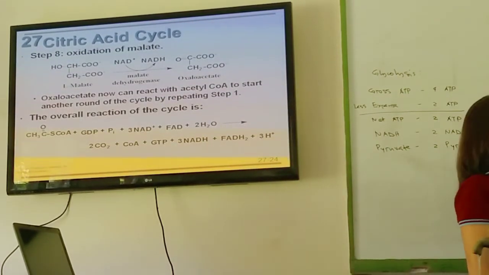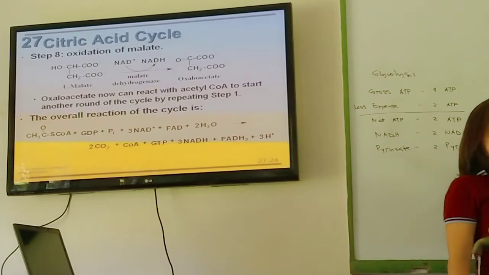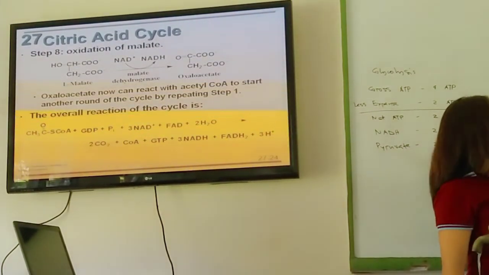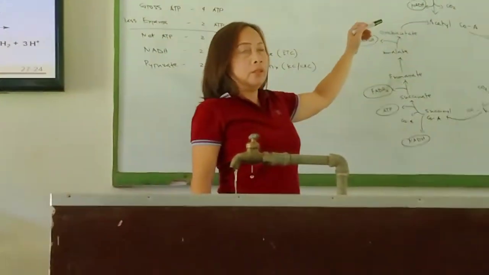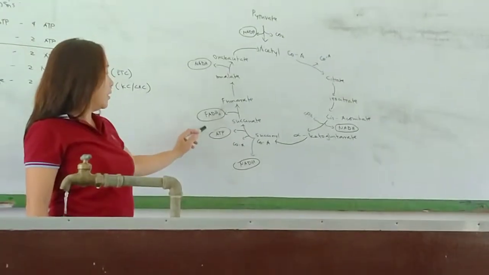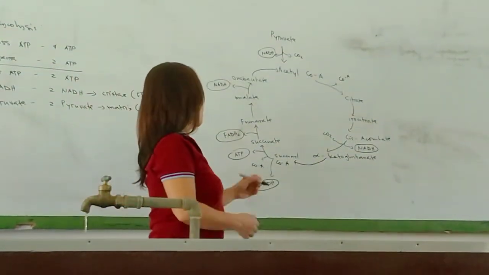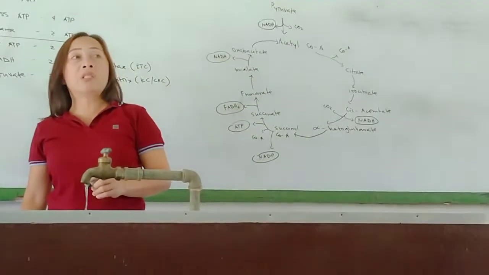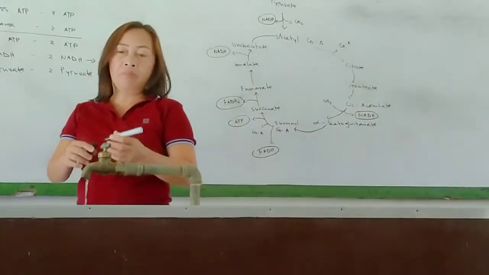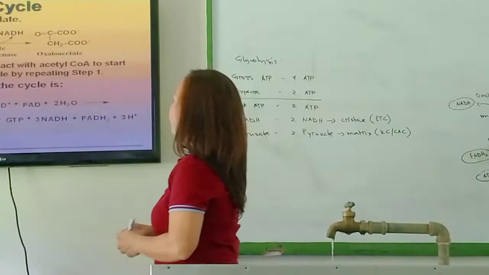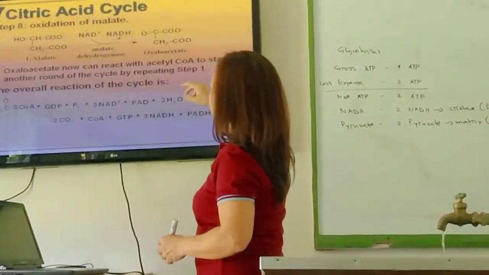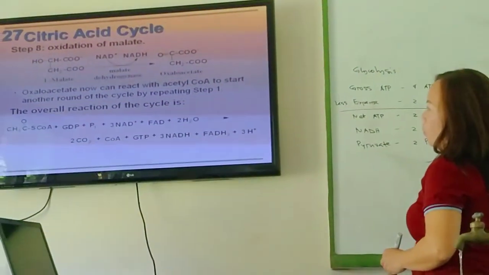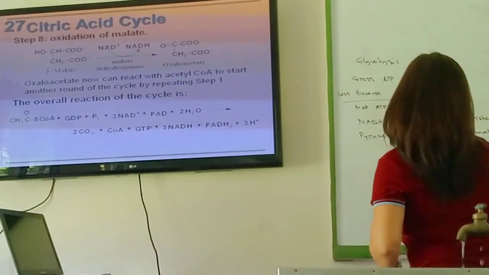I'm emphasizing these important molecules, because they can still generate energy. You have the NADH, you have the FADH2, and the GTP or the ATP, which is already used as energy for the cell. That is energy currency. And we have the oxaloacetate, which can react with acetyl-CoA to start another round by repeating step 1.